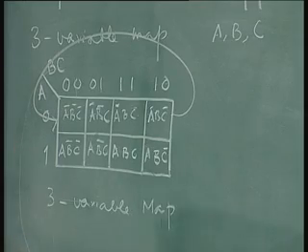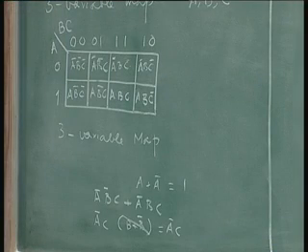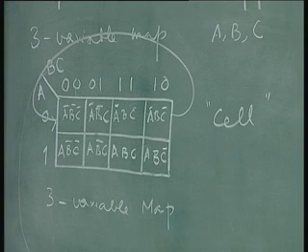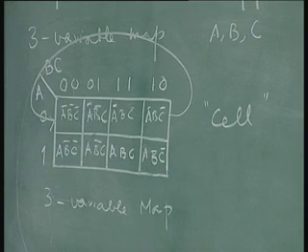The cells of this map, I will call each of them a cell, and cells of the map which are adjacent to each other in the horizontal direction or vertical direction will differ in only one variable, all other variables will be the same. These are called adjacent cells.